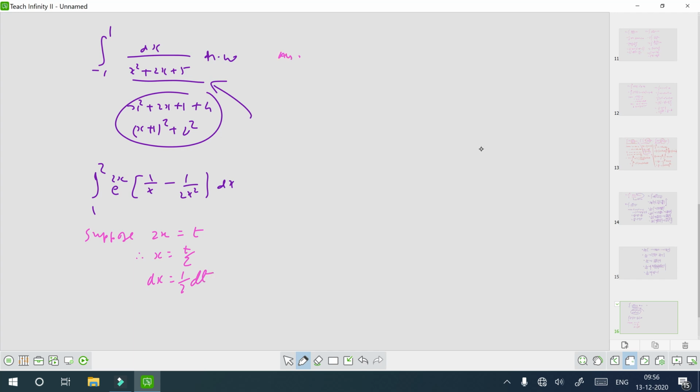Also, x tends to 0 implies t tends to 0, and x tends to 2 implies t tends to 4. Yes or no? Yes.